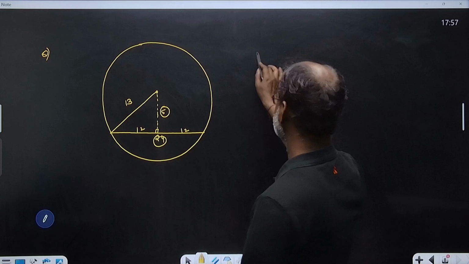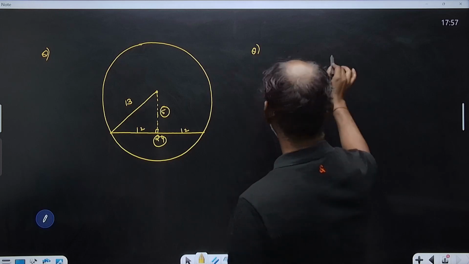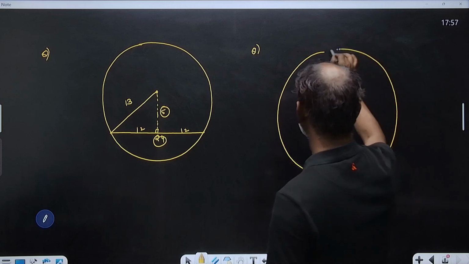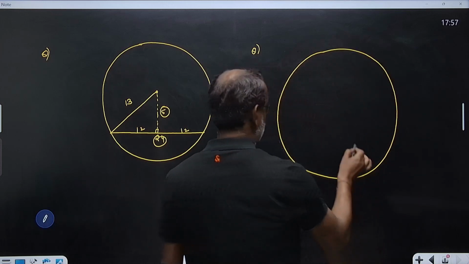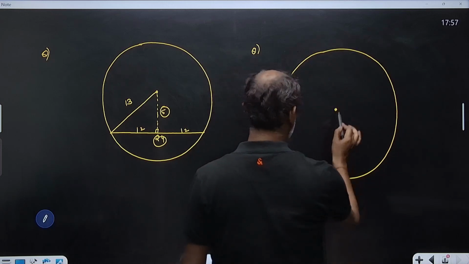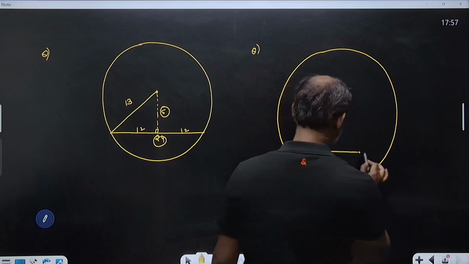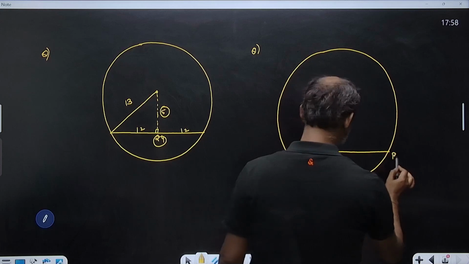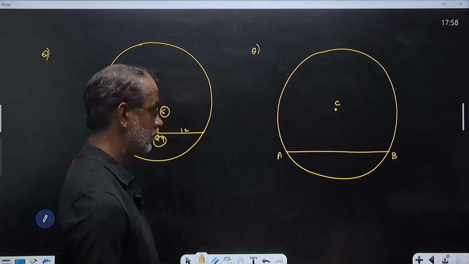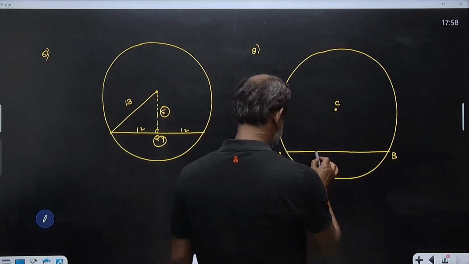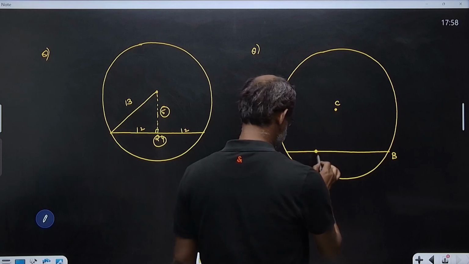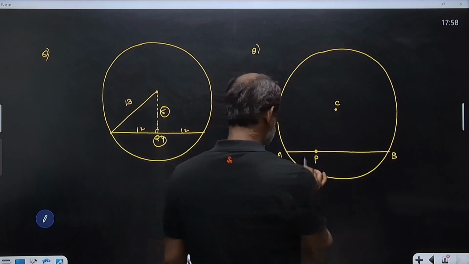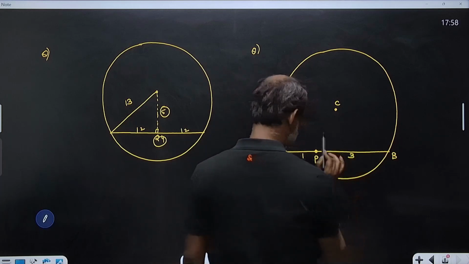Now, suppose I ask you a problem like this. Suppose this is a circle and this is the center, this is A, this is B. This is 1:3.